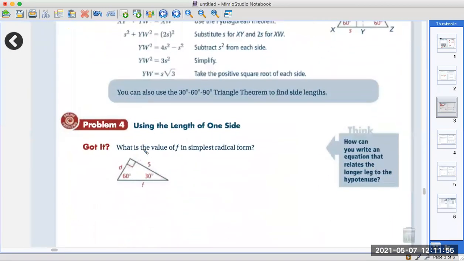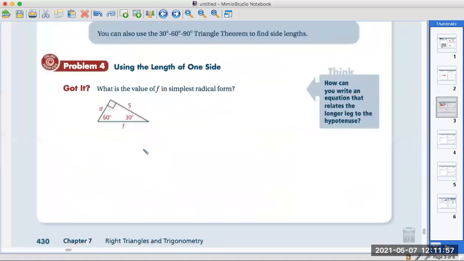Okay, so on the bottom of this page, let's start with problem 4. What is the value of f in simplest radical form? So it's the hypotenuse. See, the f is the hypotenuse. So let's look at our sentence.